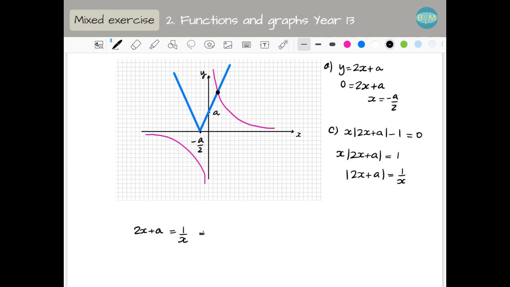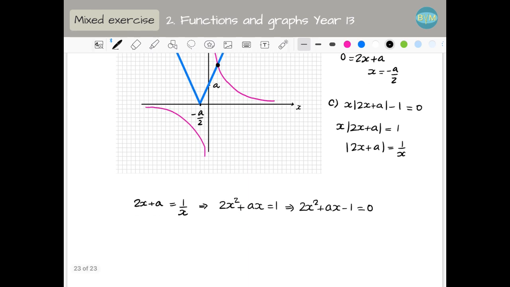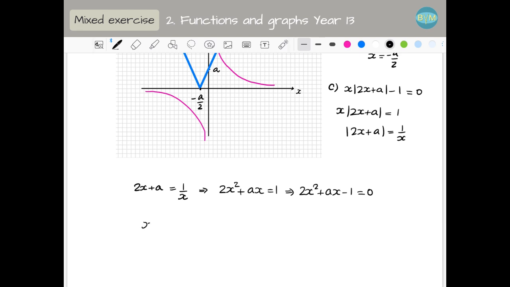This equation is a quadratic. When I multiply everything by x, I have 2x squared plus ax equals 1, which means 2x squared plus ax minus 1 is 0. Using the quadratic formula, x is going to be minus b, remember, plus or minus the square root of the discriminant, divided by 2a.